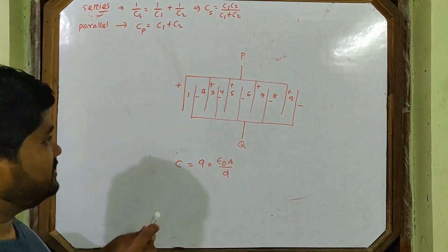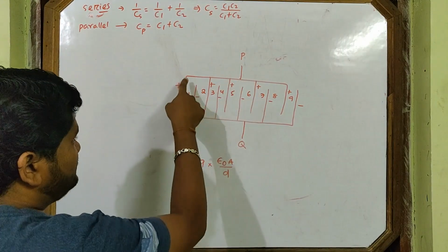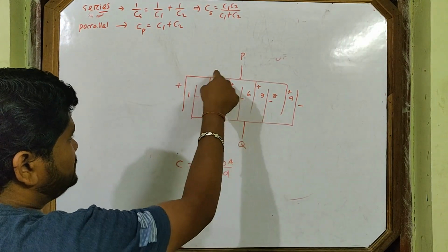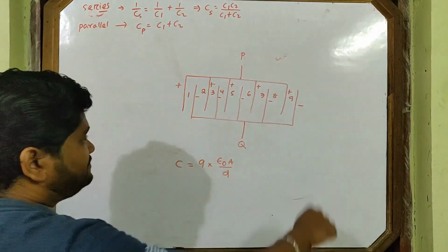Okay, what do you mark here? From P, how many bars come? 1, 2, 3, 4, 5.